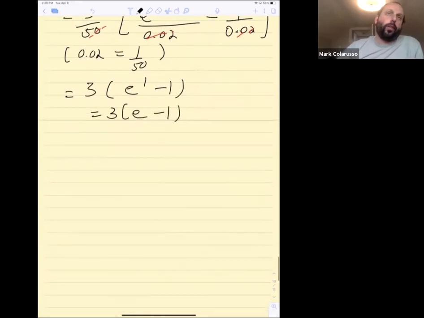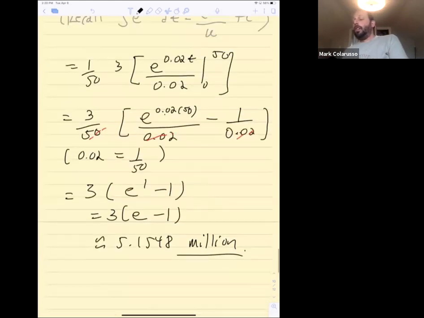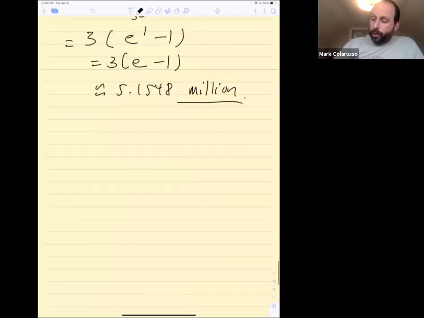And if you want, you're talking about population, so you probably want a decimal estimate to give you some sense of what this means. So this is approximately 5.1548. And remember, we're working in millions, so this is million. Okay, so in other words, what is this saying?